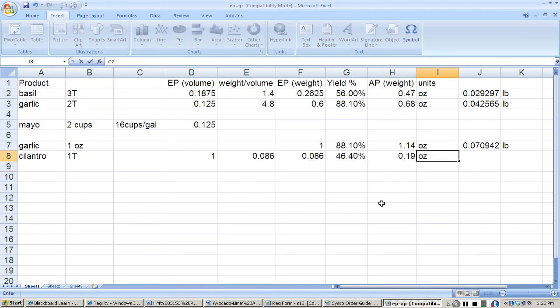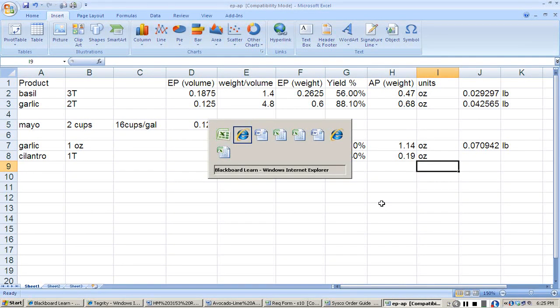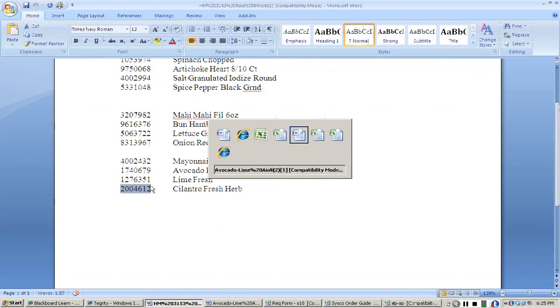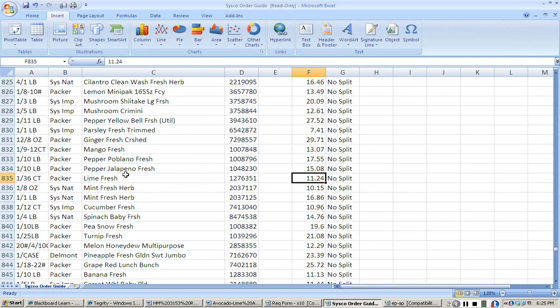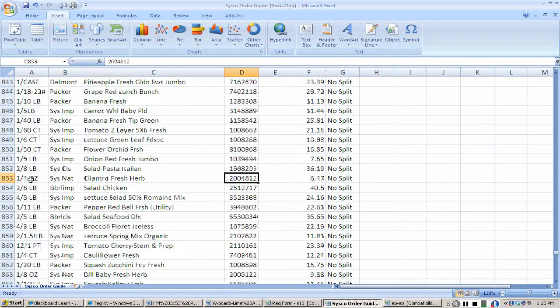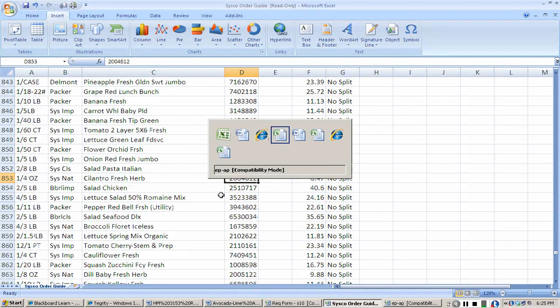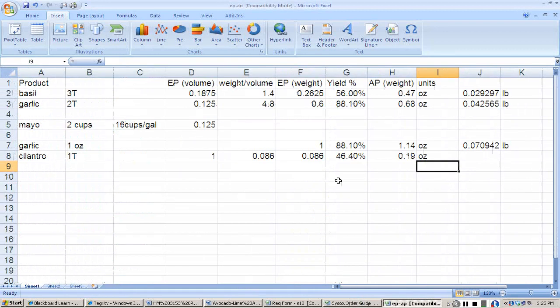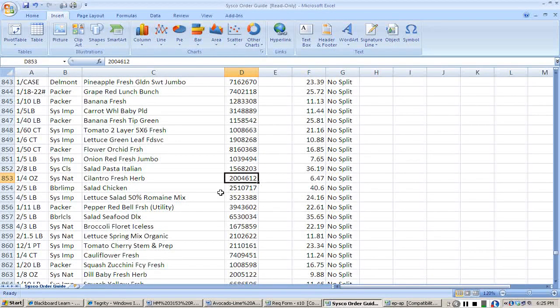Ounces, 0.19 ounces, and so for our recipe, or for our guide here, so many things open. Alright, so we're buying it in a 4-ounce package. Right now we've got it as 0.19 ounces, so we're good. We don't have to convert it any further.